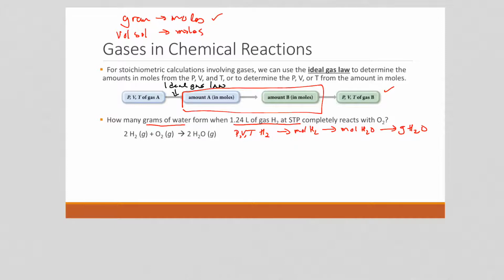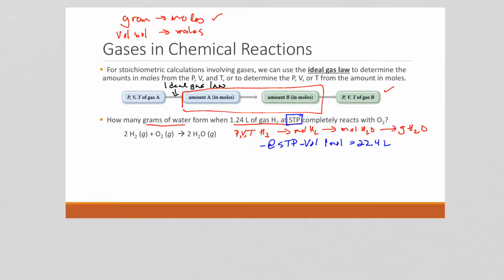Now, I want to point out something here. This is a special situation, right? Notice we are at STP. When we are at STP, something that we should always remember is that the volume of 1 mole equals 22.4 liters.